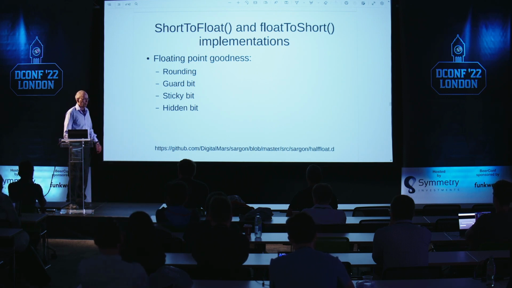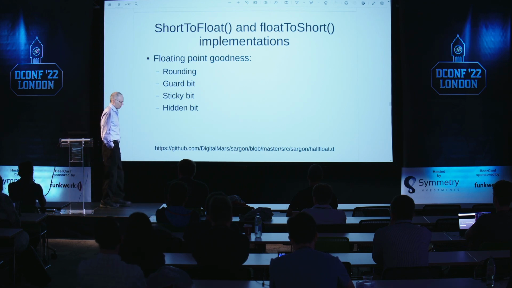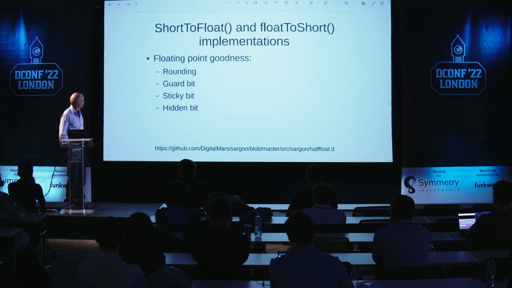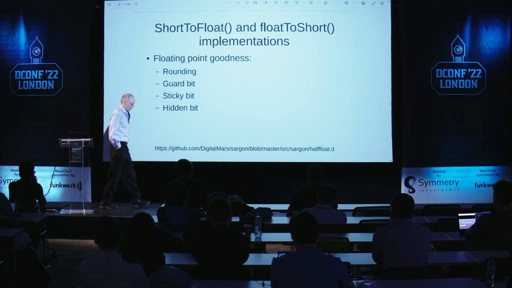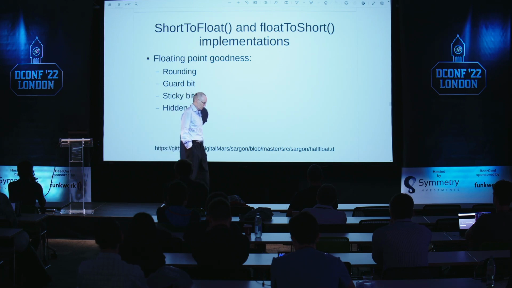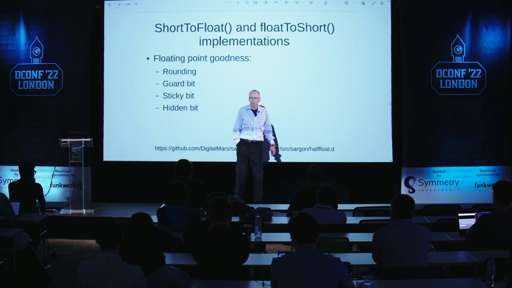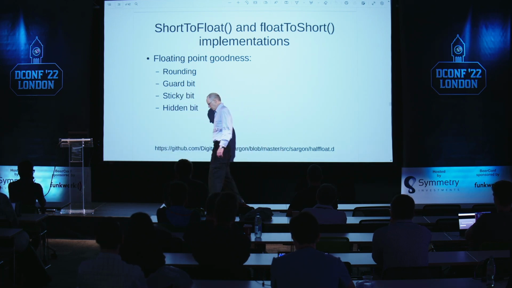I implemented floating point arithmetic to support CPUs that don't have a floating point processor, so I was forced to learn all this stuff. But anyhow, you've got it easy, because the half float implementation at the link there will show you how all those overflows, underflows, sticky bits, rounding bits, all that stuff is correct IEEE arithmetic.